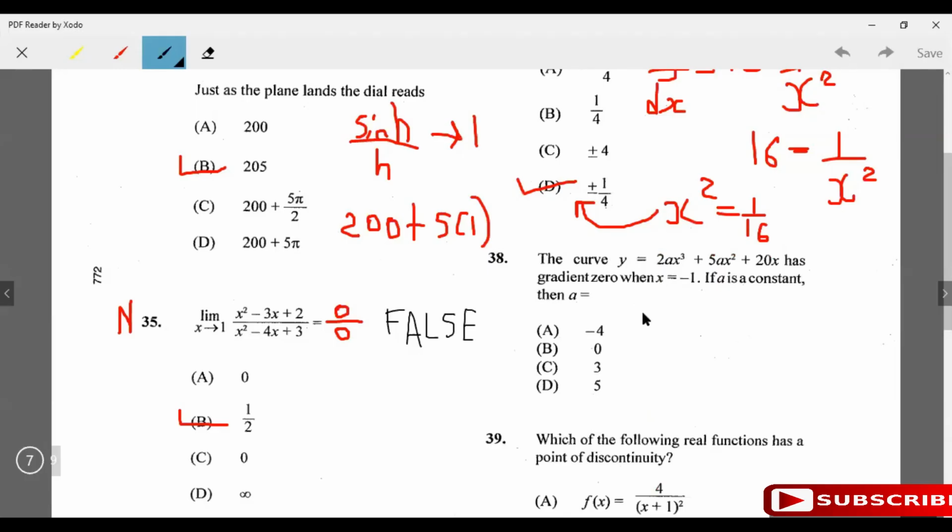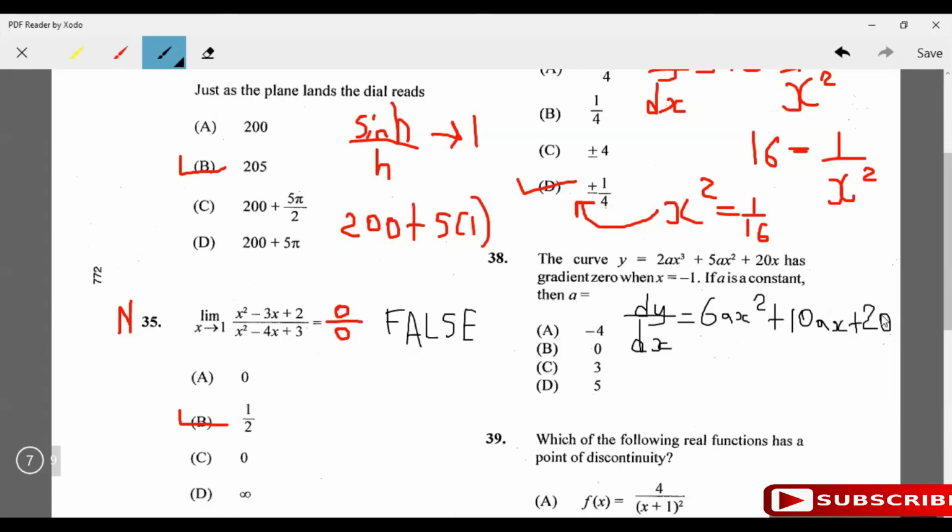This is the curve, and so what we need to first do is find dy by dx. dy by dx is the gradient of the curve. So differentiate this, we're going to get 6ax squared plus 10ax plus, we differentiate 20x to get 20.